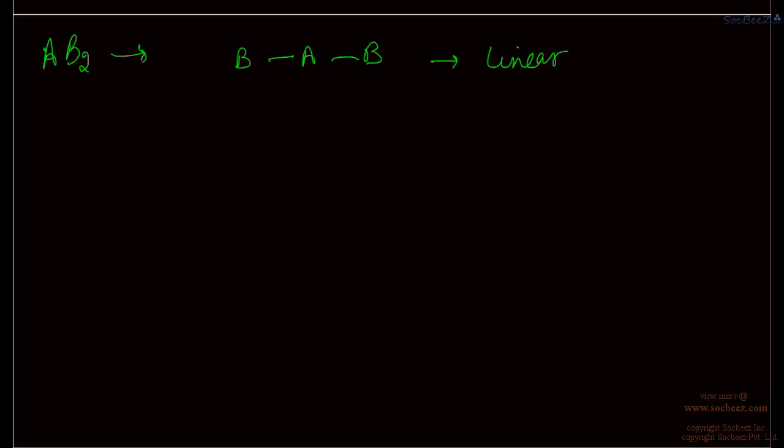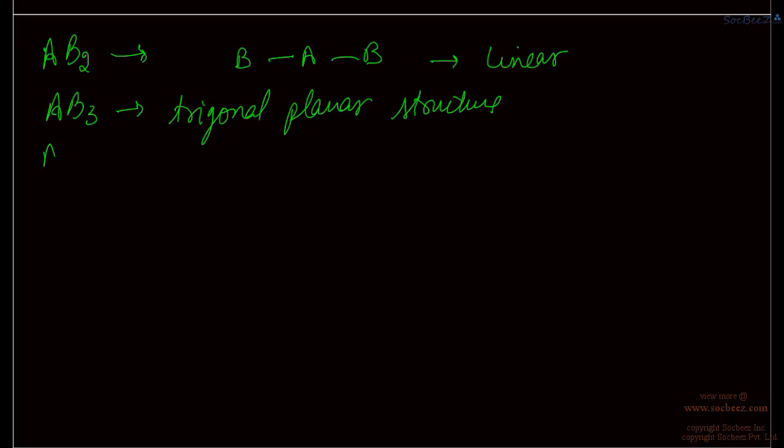It assumes a linear structure. And similarly, AB3 assumes a trigonal planar structure. AB4 assumes a tetrahedral structure.